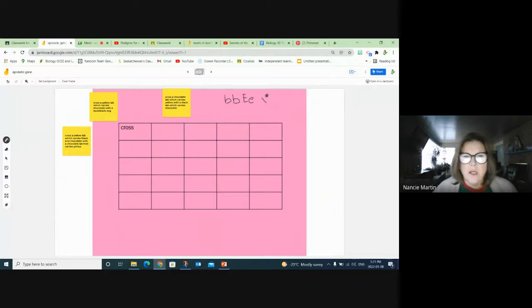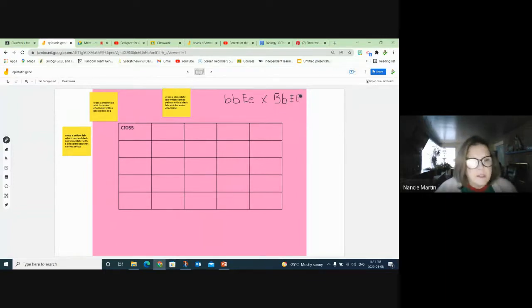Okay, so it's a black lab, so I know that it's got one big B, but it carries chocolate. So it's got a little b. So it's heterozygous. And then it doesn't mention that it carries yellow. So that tells me it's got the dominant alleles for E.